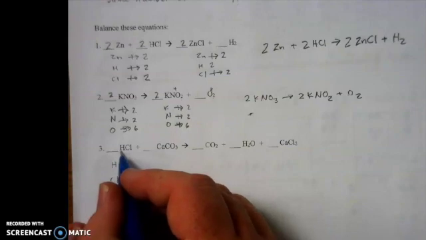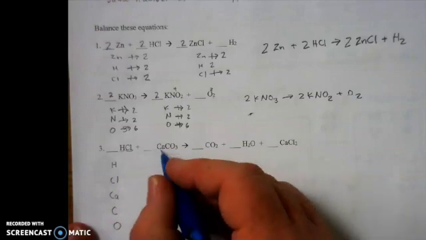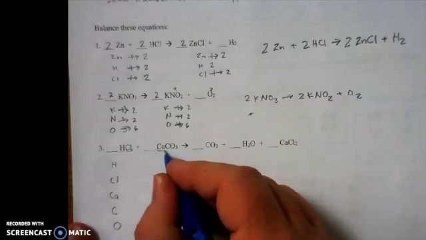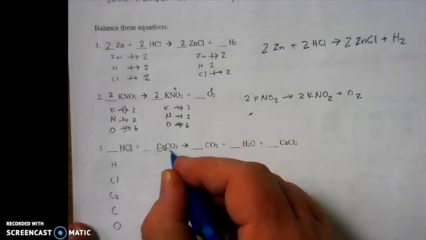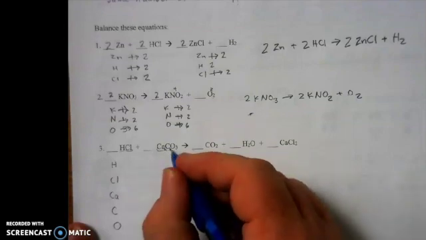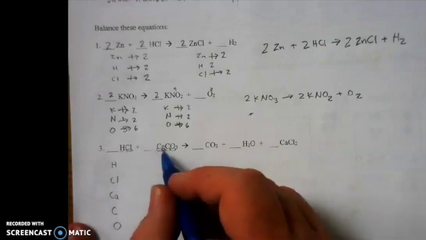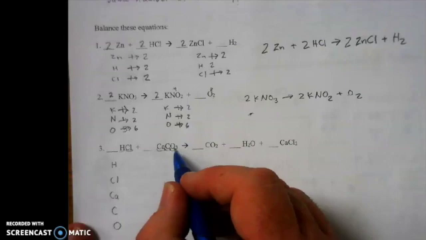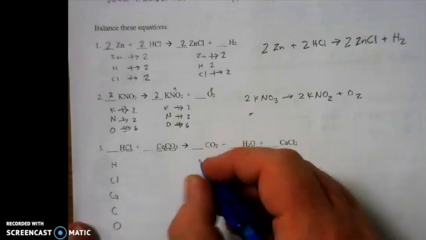We have H, which is hydrogen, and then the Cl goes together, a capital and a lowercase. Here we have another capital and lowercase, so that's calcium, a capital by itself, and another capital by itself. So hydrogen, chlorine, calcium, carbon, oxygen. Okay? And we have the same on the other side.